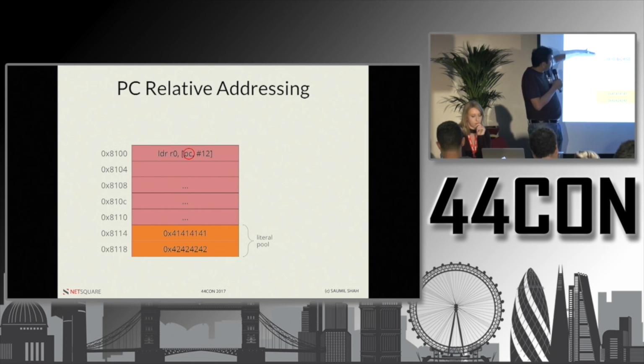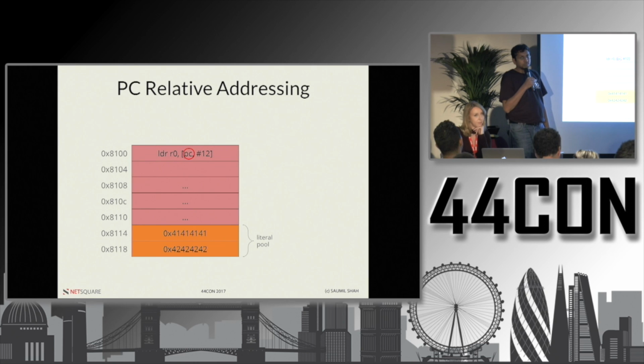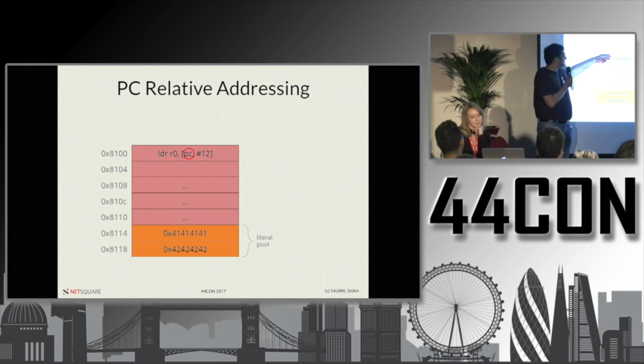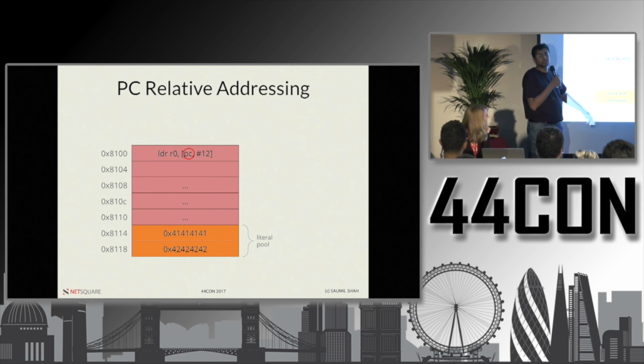Now, as you're going through the subroutine, you say, okay, here I am, I need to load one of these values. The pointer at this address is the program counter. That is why you take program counter plus an offset to get to the literal pool. You'd be wondering, program counter plus 12 is only going to get us here, so how is the literal pool over there?